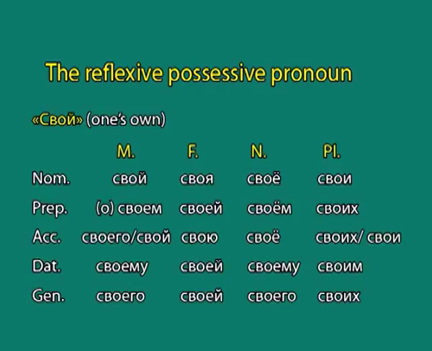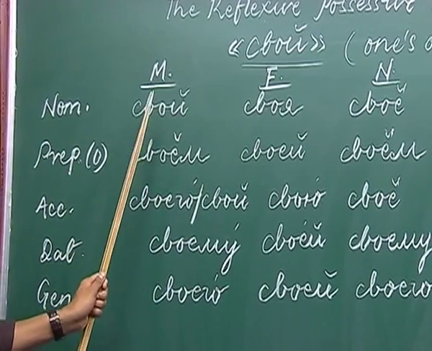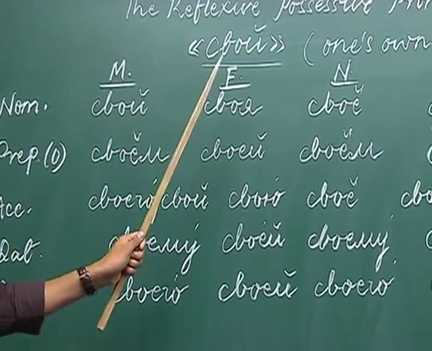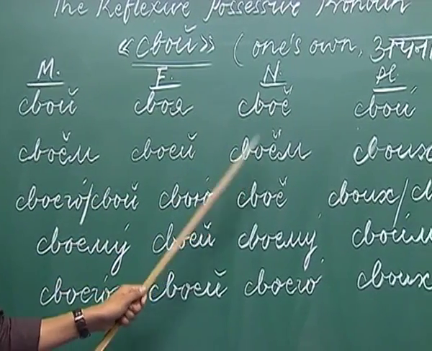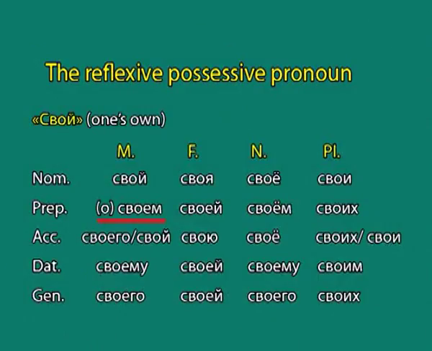In prepositional case it becomes: своём masculine, своей feminine, своём neuter and своих plural.